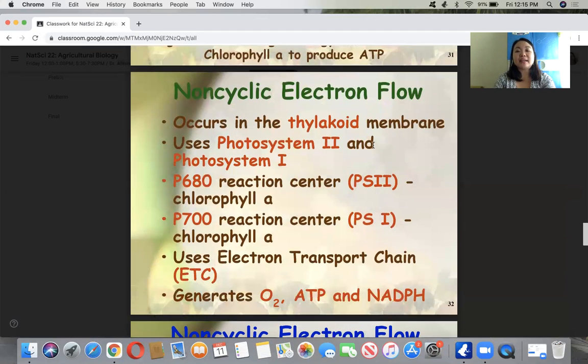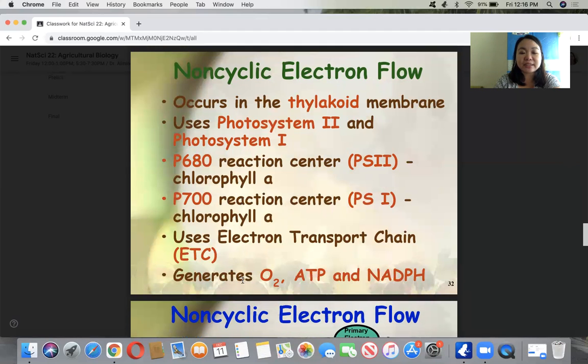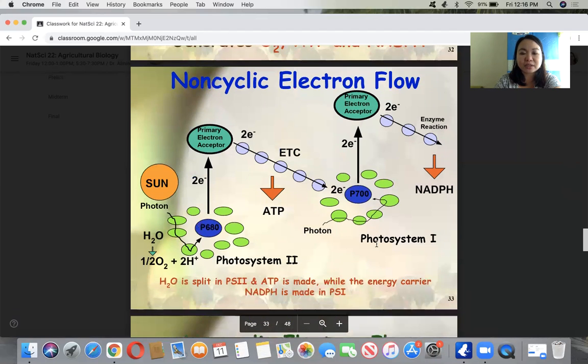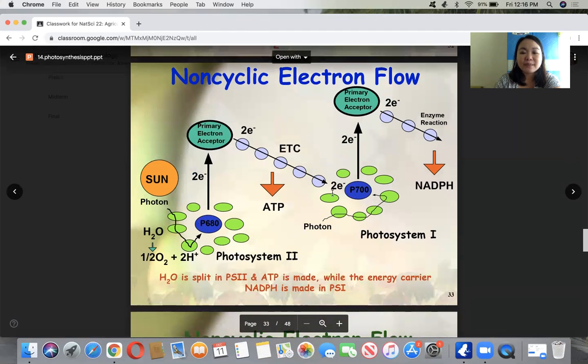In the non-cyclic electron flow, however, it occurs in the thylakoid membrane and uses photosystems 2 and 1. In the P680 reaction center, it is PS2 or chlorophyll A, while in the P700 reaction center, it is PS1 or chlorophyll A, and it uses the electron transport chain, the ETC, to generate oxygen, ATP, and NADPH. So this is shown on the figure here.